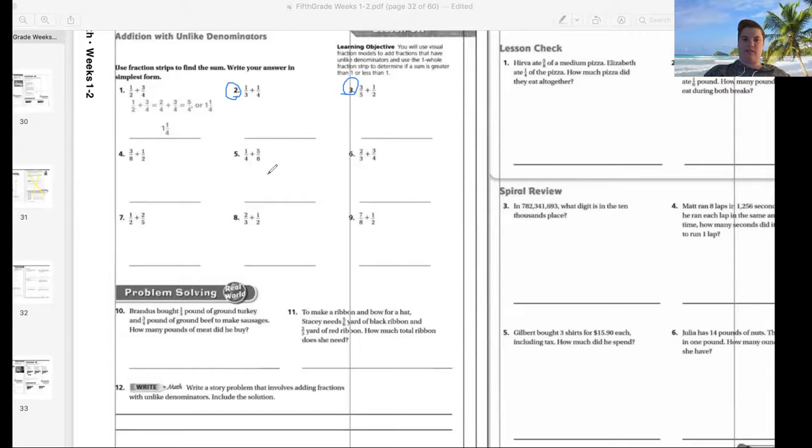But I believe we did 5 and 6. I think we might have done 4 too. But then you need to do 7, 8, and 9. Okay. And find those answers, and then you need to do number 10. I gave you the hint on that one. You're just adding these two numbers together.